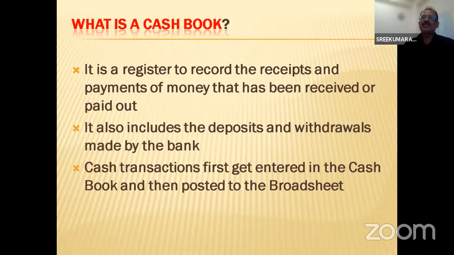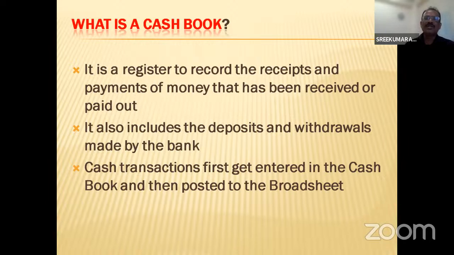It also includes the deposits and withdrawals made by the bank. It is not just that we note the transactions we make. Sometimes the bank also gives you some money, which I will be discussing later. What are the deposits the bank makes? And it also withdraws money from the bank. These deposits and withdrawals also, we have to make note of in our cash book.